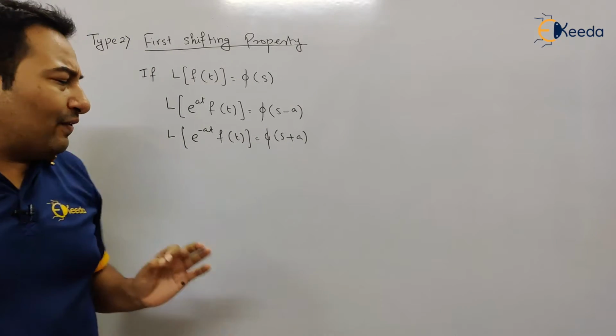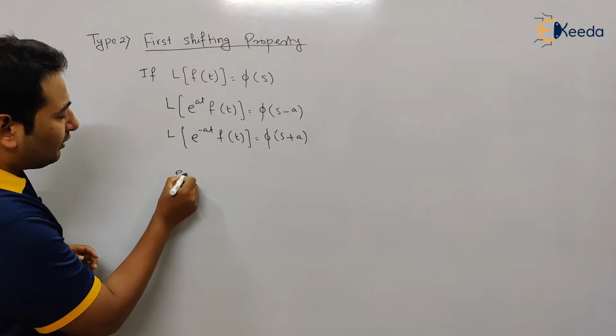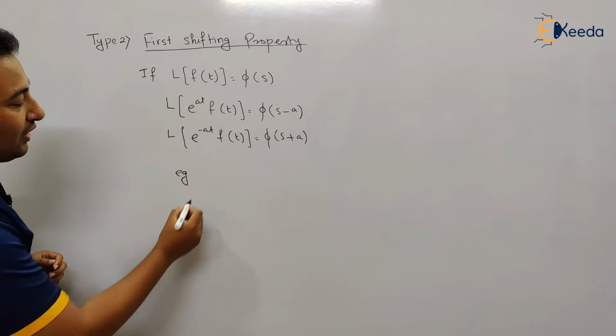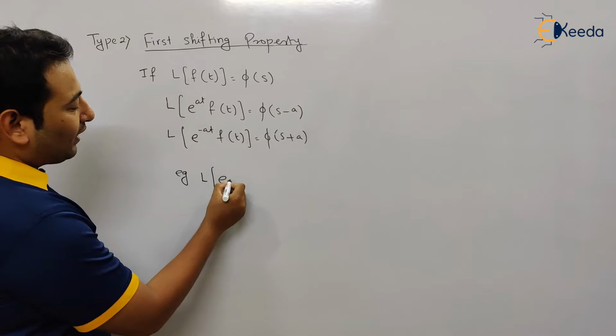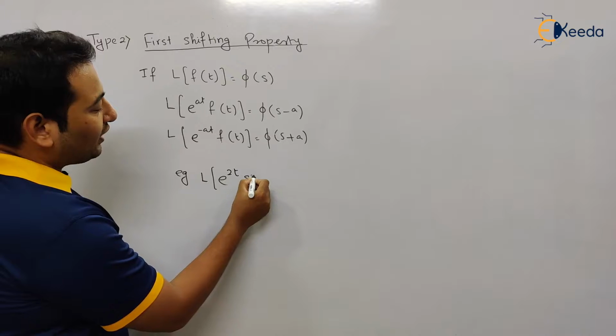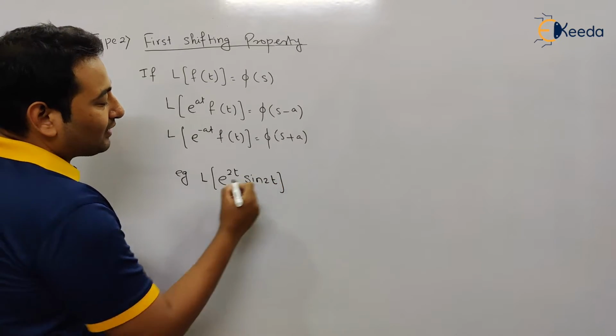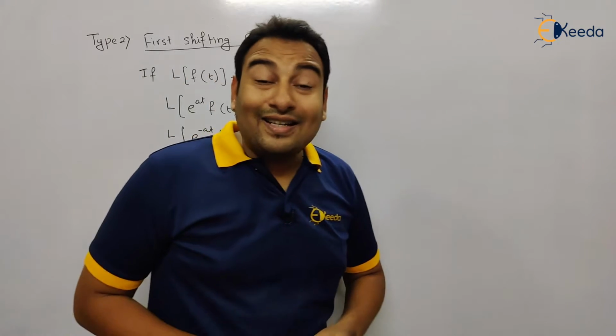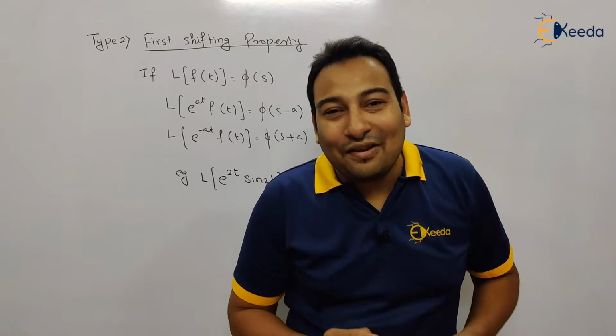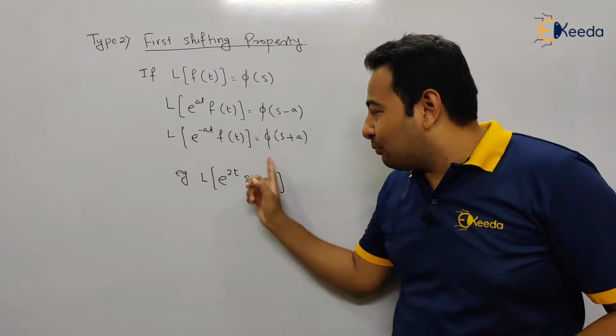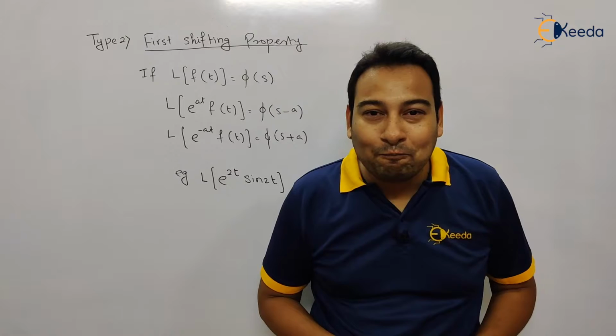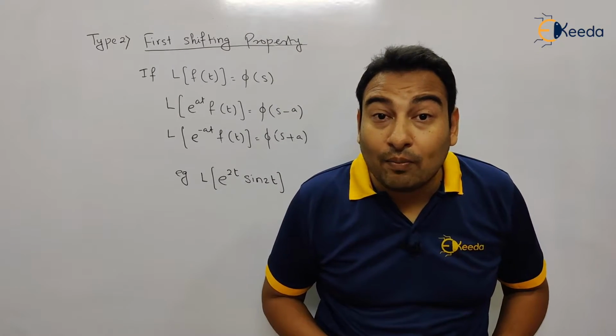So let me give you a few examples to demonstrate this. For example, suppose it is asked to find Laplace of e raised to 2t into sine 2t. So this is my first example. Now friends, please tell me, can you identify the first shifting property in this particular example? Yes or no? Yes. What is the first shifting property?